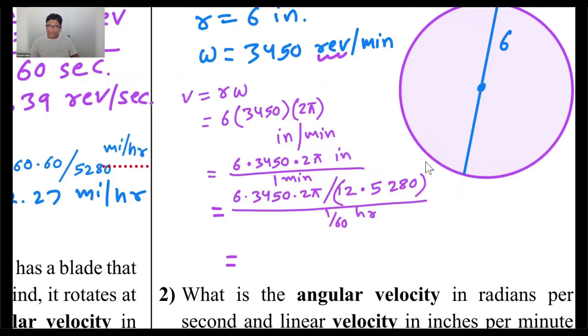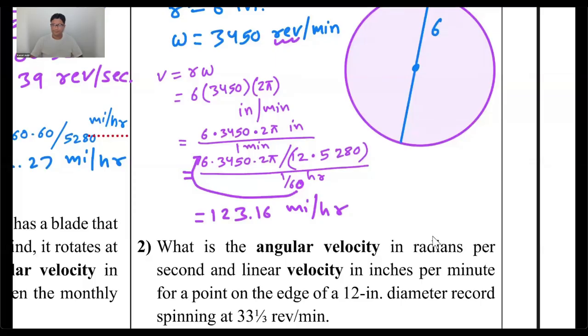Once again, I'll pause the video and get to it. Okay, so I did that calculation off-record. Make sure that the 60 in the denominator, you flip it and multiply with the numerator when you do the calculation. 123.16 miles per hour is what you should get.